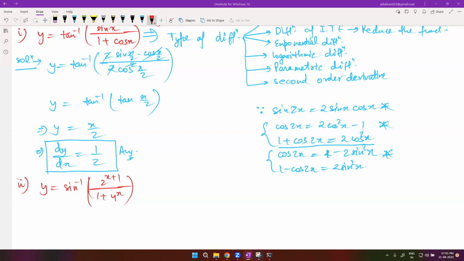Now, any kind of function other than trigonometric function can only be reduced by substitution. If there is a trigonometric function inside, then you have to use trigonometric identities. But if there is not a trigonometric function, in that case, every time you will have to use a substitution. Now, you need to identify two things for substitution. We have discussed this.